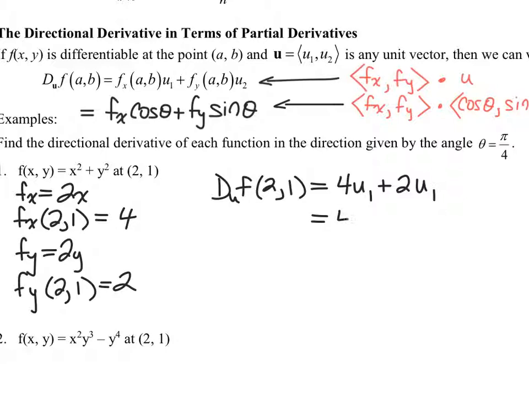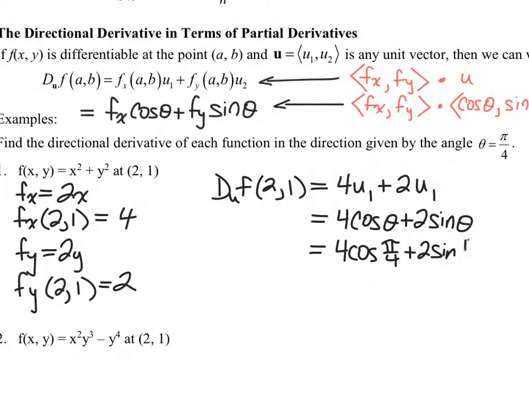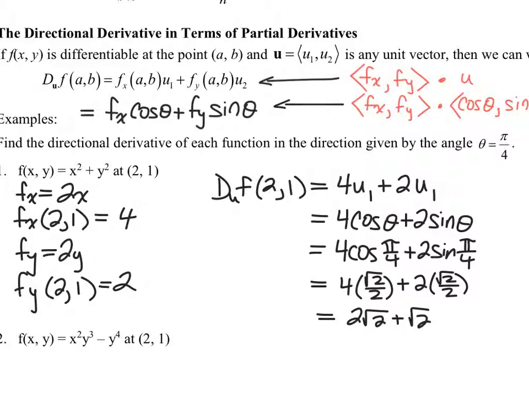So this would expand to 4 cosine theta plus 2 sine theta, which in turn would become 4 cosine, because they told us the particular angle is pi over 4, plus 2 sine of pi over 4. So square root of 2 over 2 in each case. So 2 root 2 plus root 2 is going to be equal to 3 root 2.